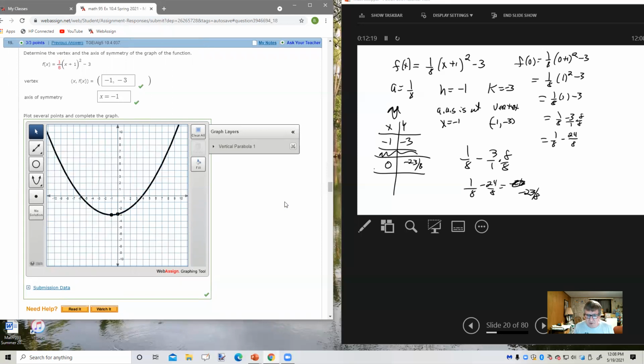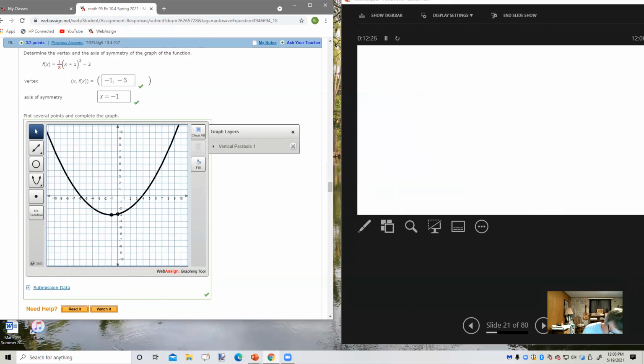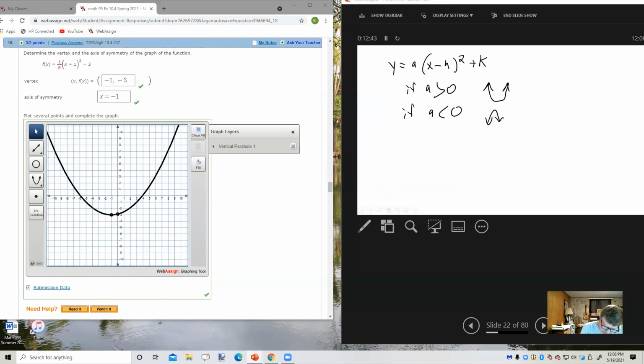All right. So to wrap this up, you've got this form, y equals a times x minus h squared plus k. If a is greater than 0, the parabola opens upward. If a is less than 0, the parabola opens downward.